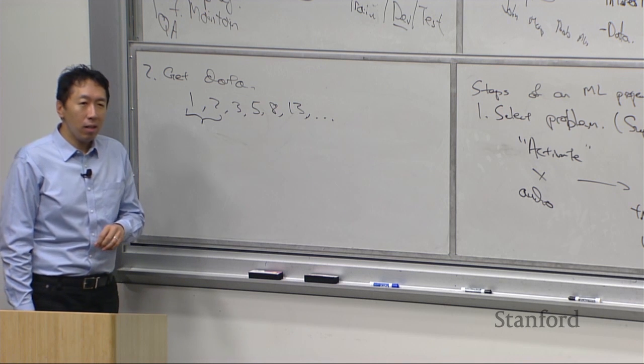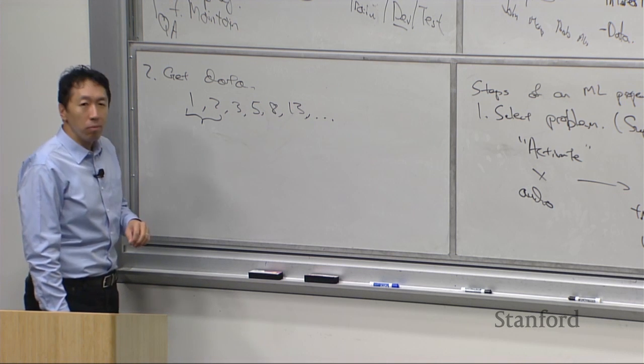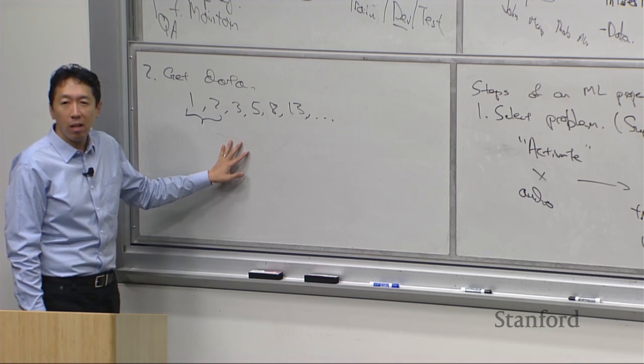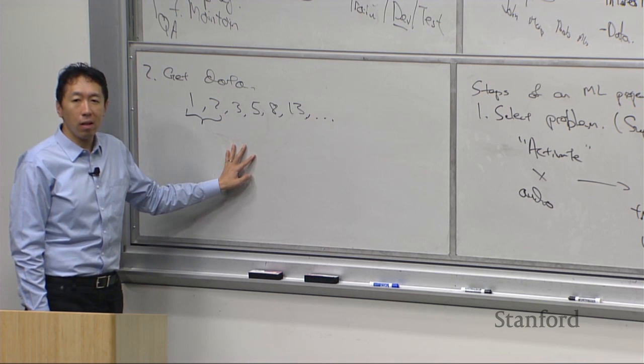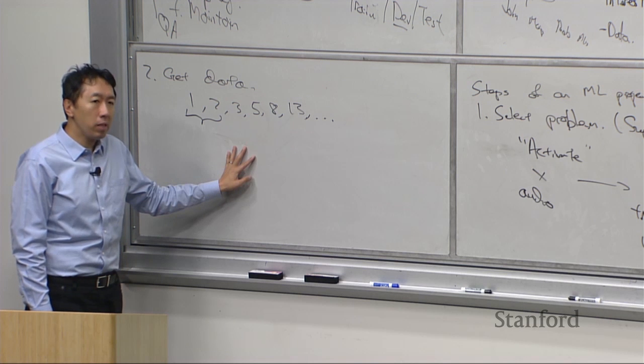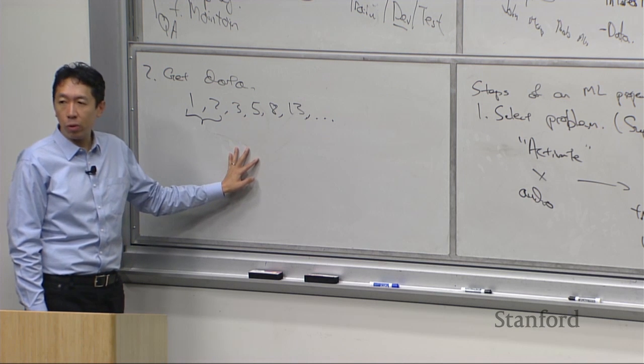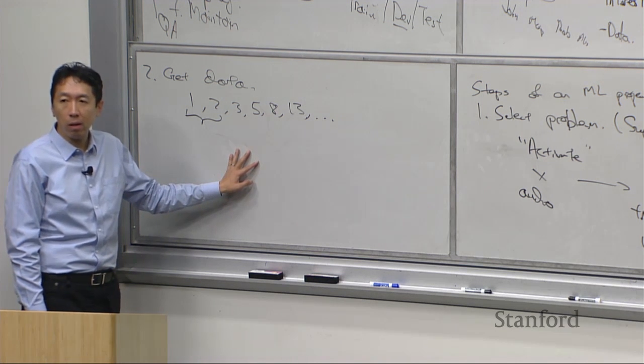And with 1 or 2 days, you should be able to collect at least hundreds of examples, and that might be enough of a data set to start training a rudimentary learning algorithm to get going.